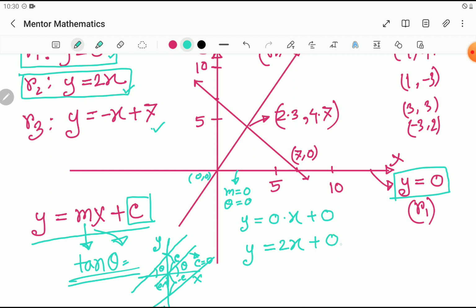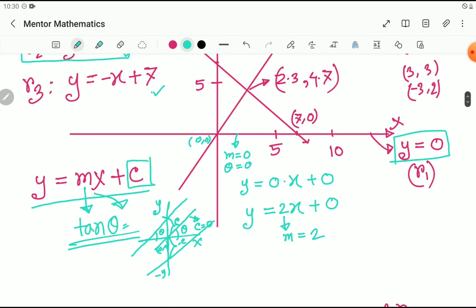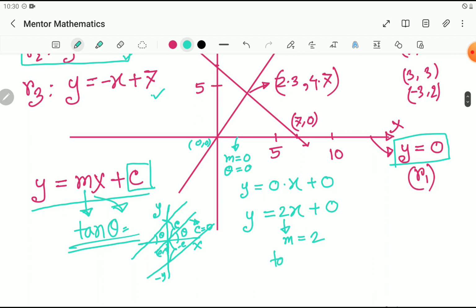That means this line also goes through the center point 0, 0, and it has a slope m equal to 2. What is theta then? We can simply say m equal to tan theta equal to 2, right? Then theta equal to tan inverse 2.